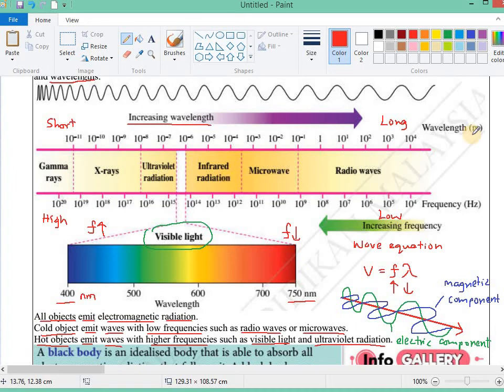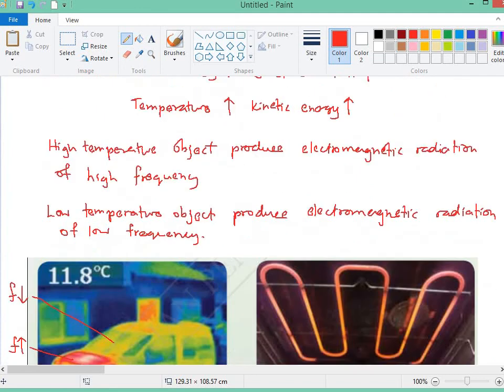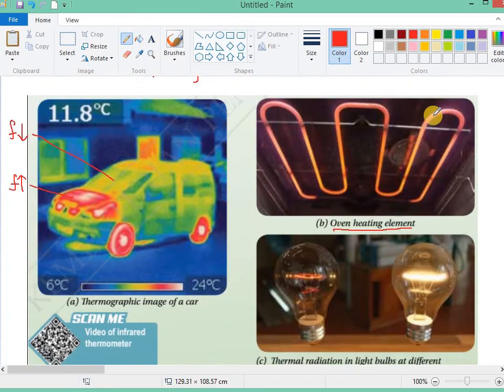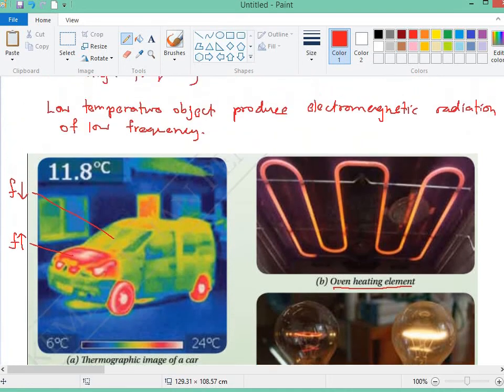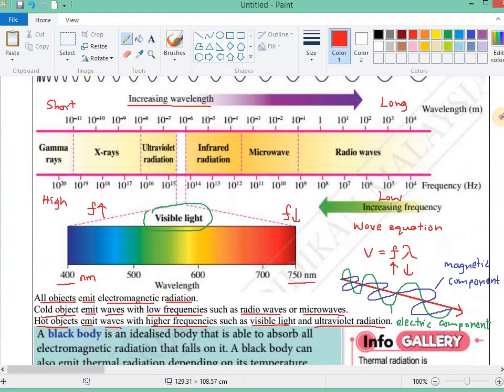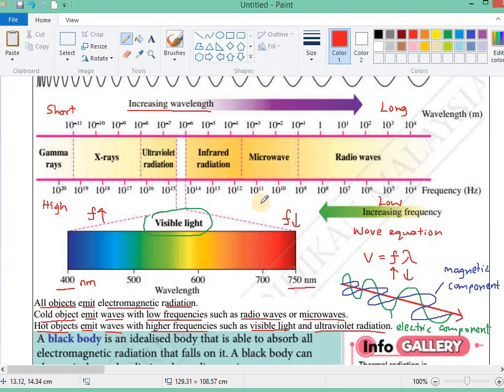But for this heating element, you see it glow red color because the temperature is so high, it's very hot until the frequency of the electromagnetic radiation that is produced goes inside this visible light frequency. You understand? You get the idea?